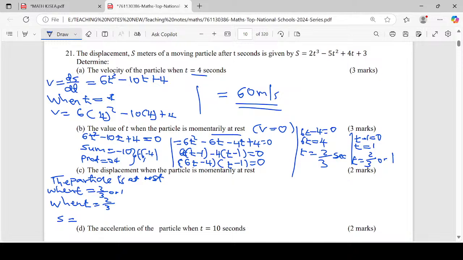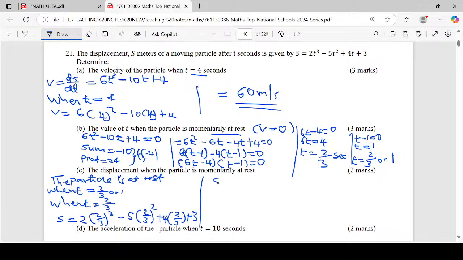So this is going to be 2 into the value of t, which is 2 over 3 cubed, minus 5 into 2 over 3 squared, then plus 4 into 2 over 3 plus 3.